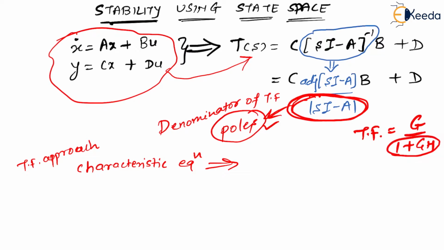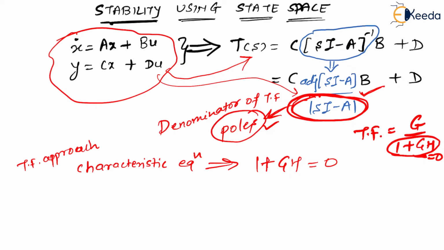This was the denominator, so you used to equate this to 0. So 1 plus GH equal to 0 was your characteristic equation. But here 1 plus GH will not be the characteristic equation; rather, the characteristic equation will be the determinant of (sI minus A). Why? Because you have got this from the state space model.